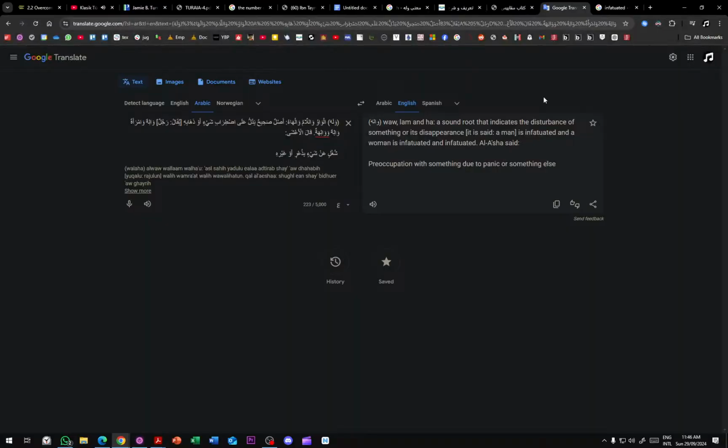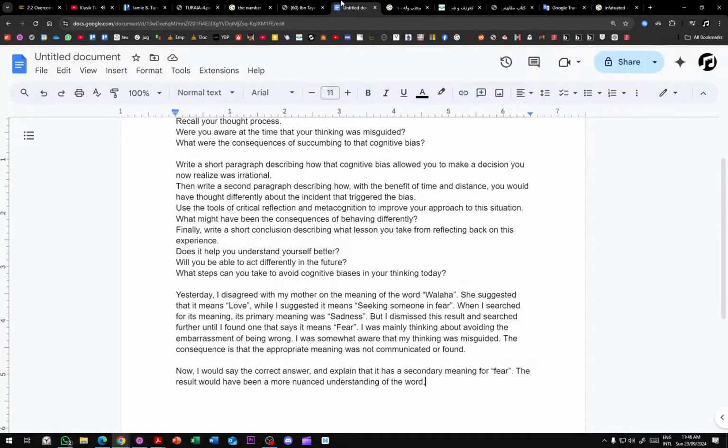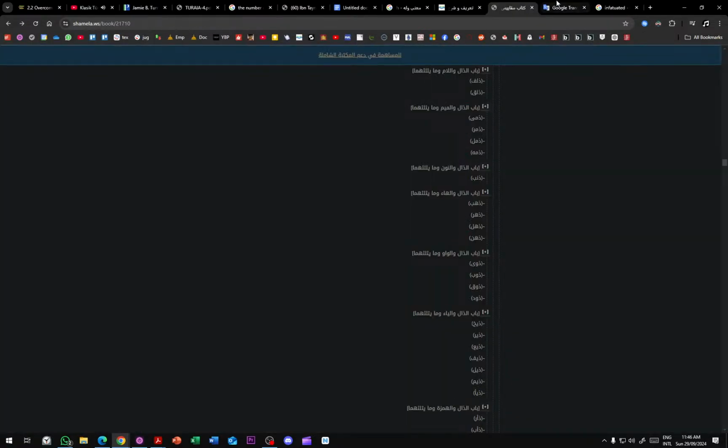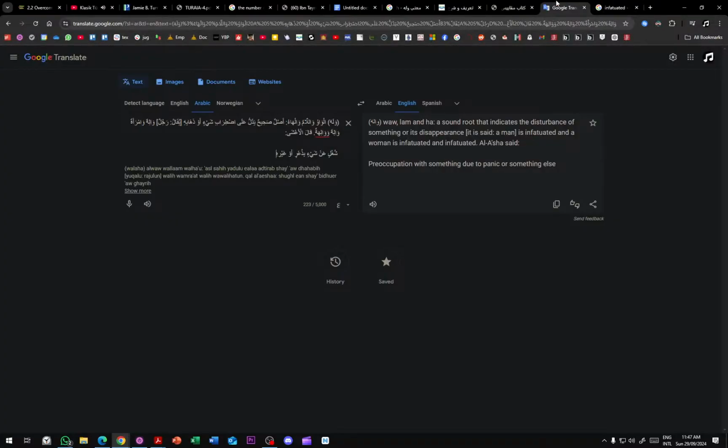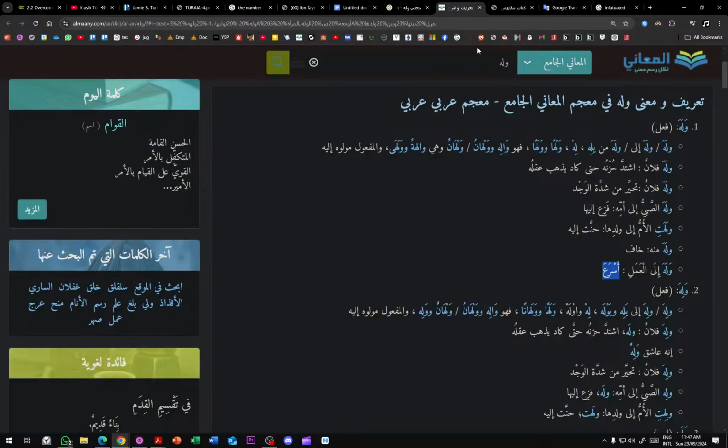And it is used metaphorically. It is used for going towards someone in fear, seeking someone in fear, seeking someone in love, or having a disturbed state from fear, from love, or sadness, or the third meaning, confusion.